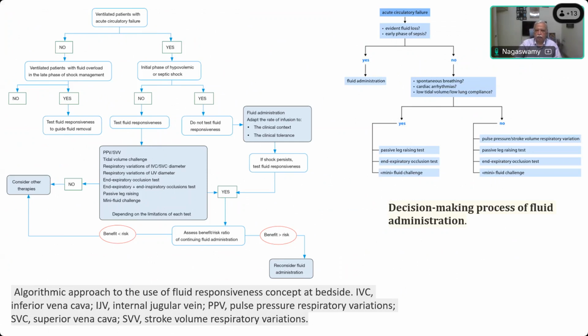So the topic is mainly because we want to maintain a normal stroke volume and good perfusion to the tissues so that ultimately oxygenation of all the tissues is taken care of without either overloading or underloading. That is the main idea of this talk. If you understand that point, I think this will be easy to understand. You can revise that again and again by reading these points. Okay.